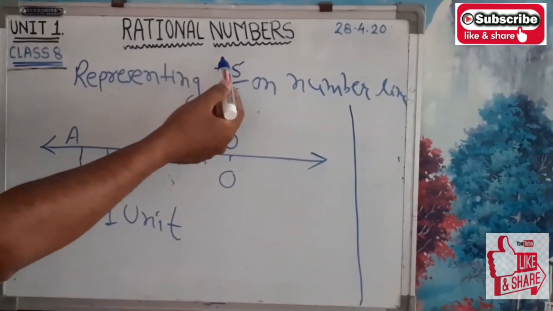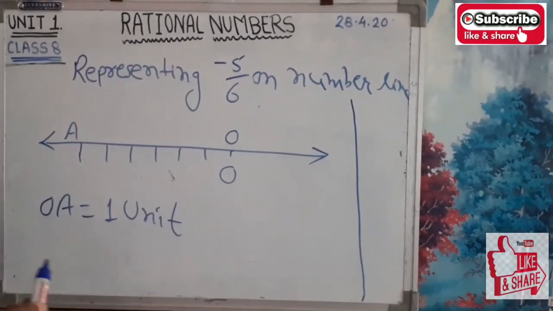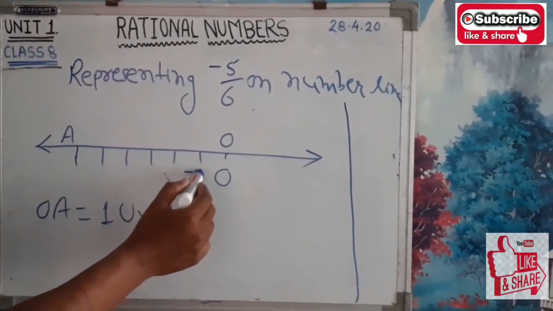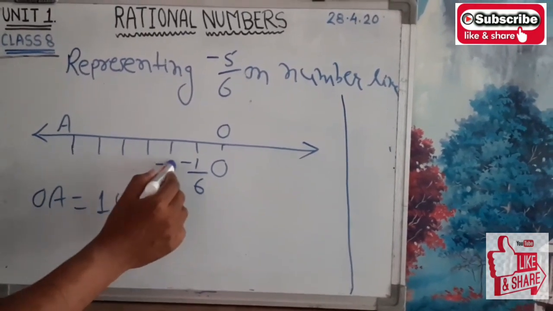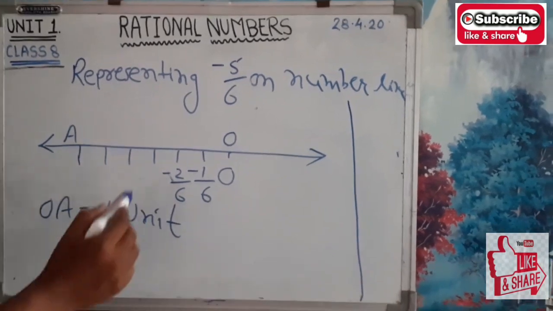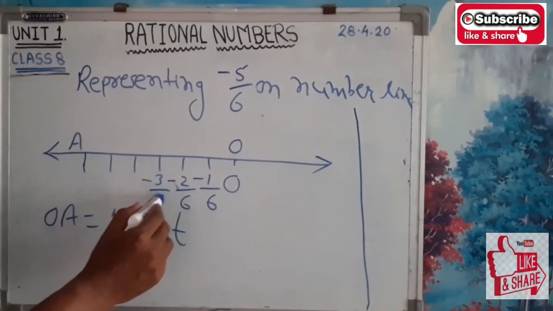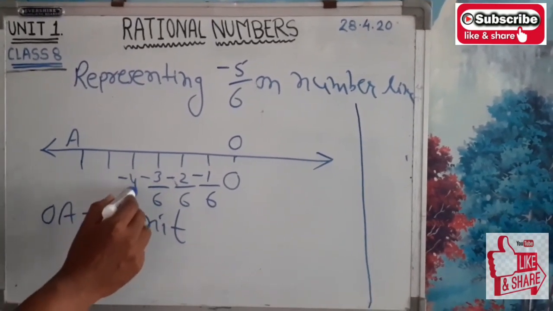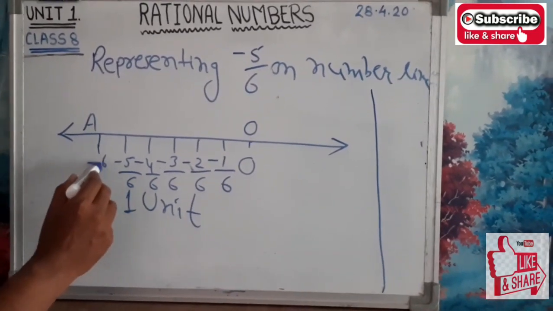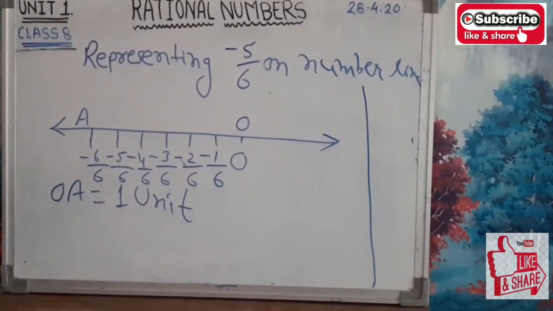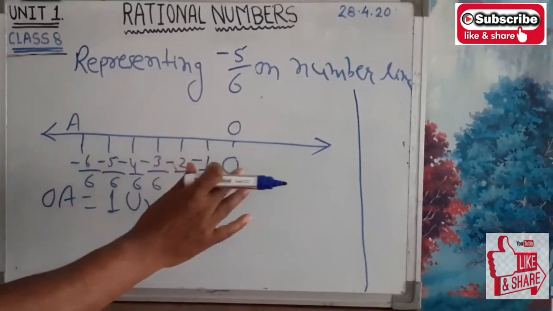So here negative 5 is given. So this one is negative 1 by 6, negative 2 by 6, negative 3 by 6, negative 4 by 6, negative 5 by 6, negative 6 by 6. OA is 1 unit.